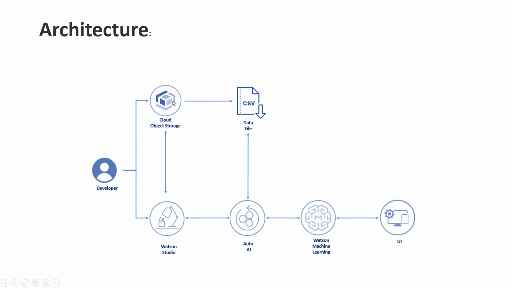Then we create the Watson machine learning instance, and we run and deploy the model, and we can test the results over here. And then we can also create a UI by using our NodeRed app, and we provide the user input values, and we also write the code for the JSON file over here. Once the user enters the inputs, it will predict the values based on the model created. So this is the architecture.